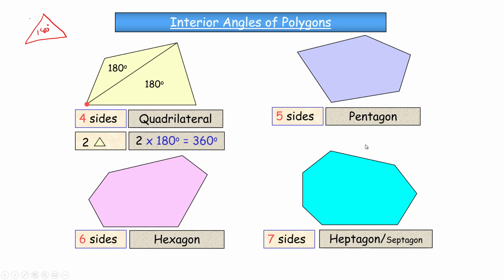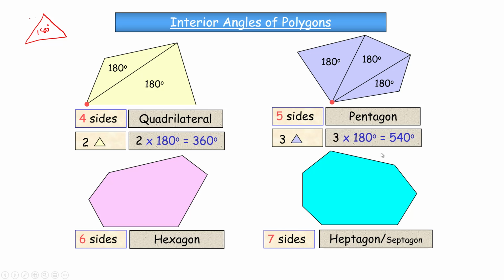In the pentagon, how many triangles can we make? So we draw lines to any remaining corners or vertices, and then that tells us that we've now got 3 triangles. 3 times 180, 540 degrees. So the interior angles will all add up to 540 degrees. If you look at this hexagon here, same sort of thing.